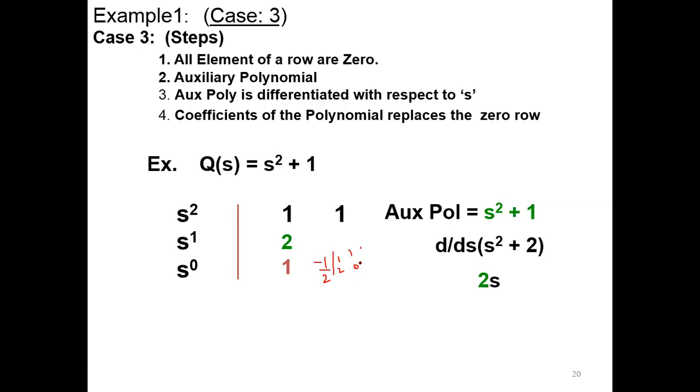So it is equal to 1. We can see that there is no sign change in the first column. As there is no sign change in the first column, there is no pole in the right half plane. But due to this row of 0, the two poles of this polynomial will be on the imaginary axis.